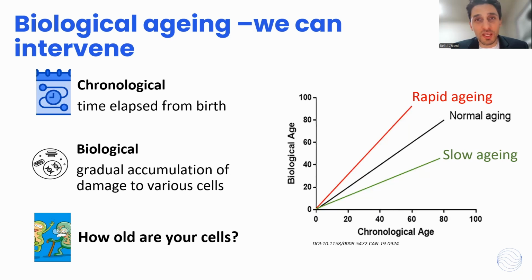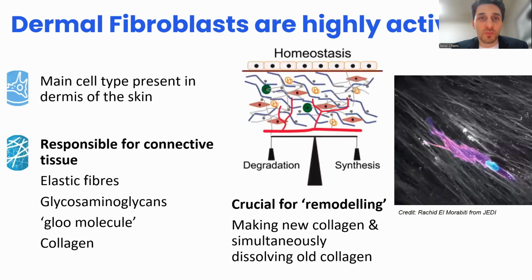And if cells can behave more youthfully, then the overall appearance of the skin structure, because these cells, particularly dermal fibroblasts, have a really important role in maintaining the structure of the skin. And if those cells function optimally, then the appearance of aging, and by all means, the actual age of the tissue itself, is no longer in line with chronological aging.